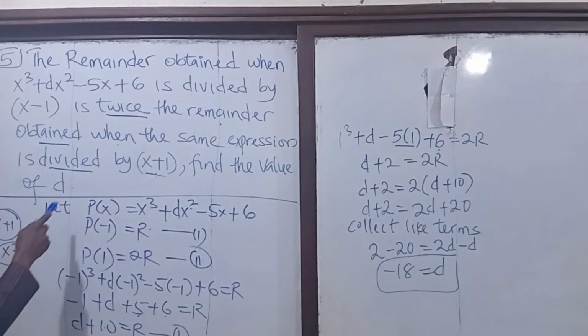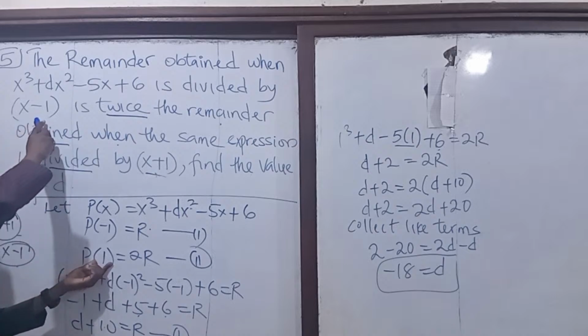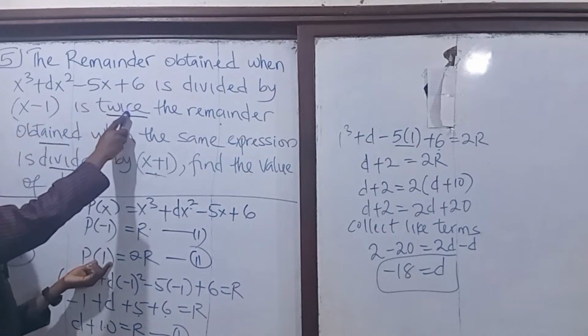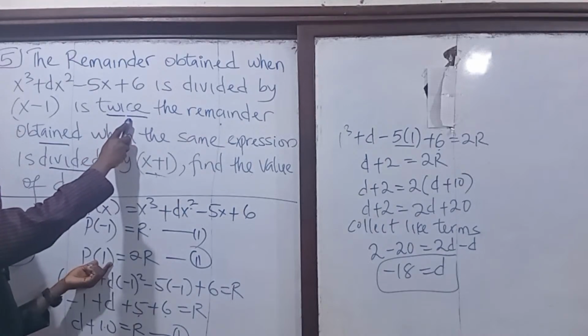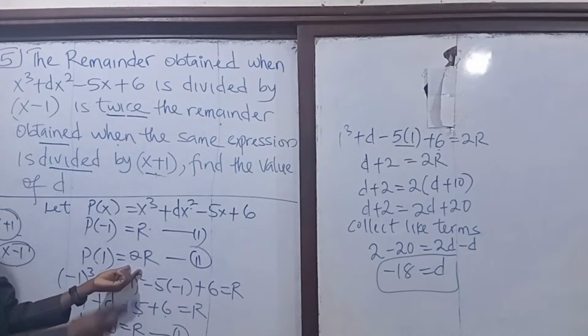That becomes p of minus 1 equal to the remainder, according to the Remainder Theorem. The second factor, when divided by x minus 1, has root 1, and p of 1 equals the remainder, but the remainder in this case is 2 times the remainder when divided by x plus 1, the same expression.